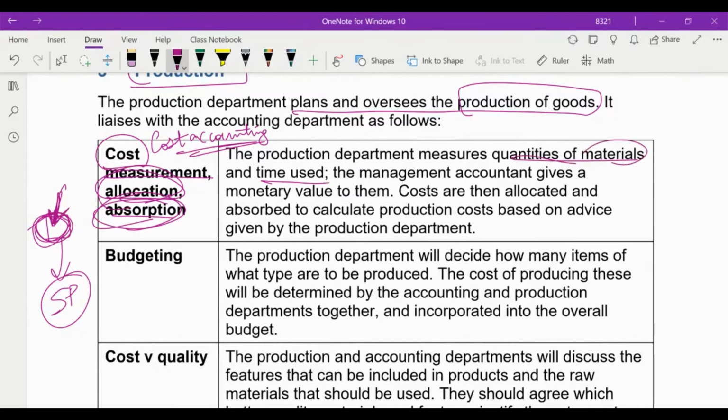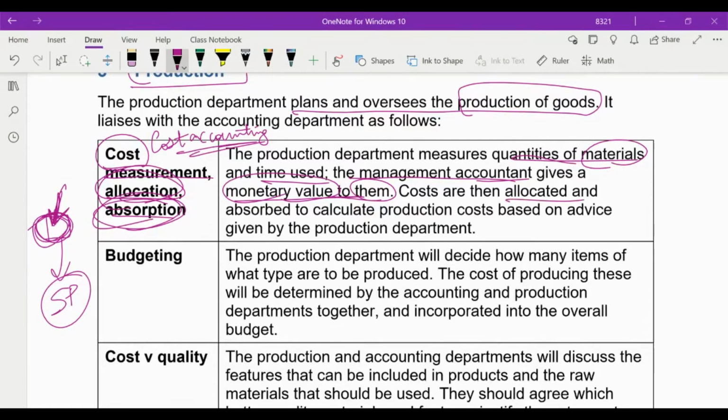This whole measurement of time or quantities or money is done by the accounts department, right? The management accountant gives monetary value to them. Monetary value means in terms of money, they try to measure it so that decision making can be done, so that we can decide what should be the selling price, or shall we produce this item or not? Shall we stop it or what, right?